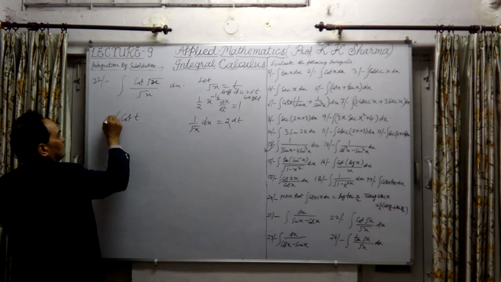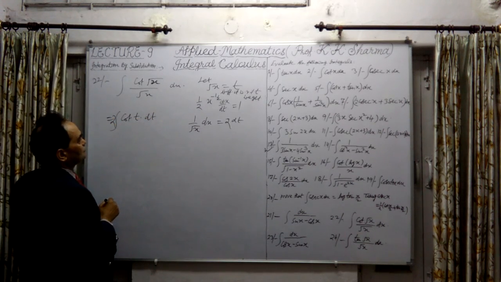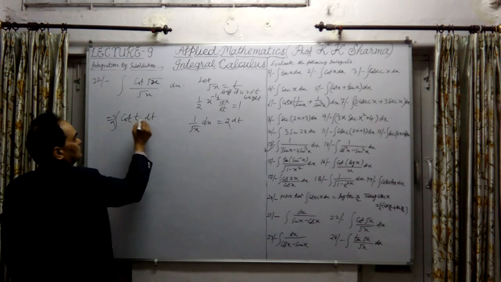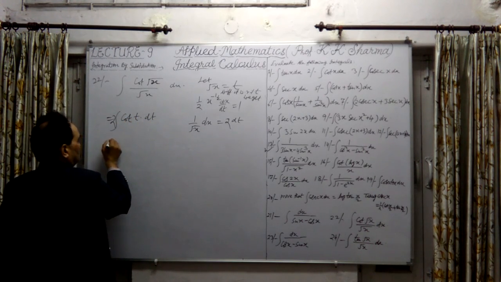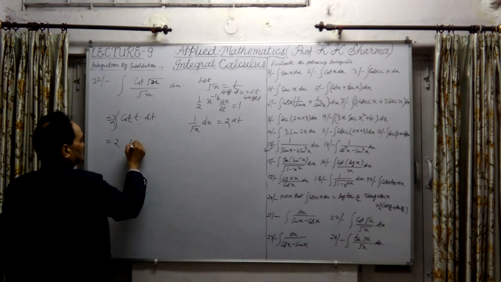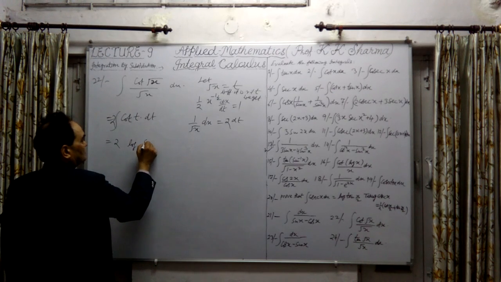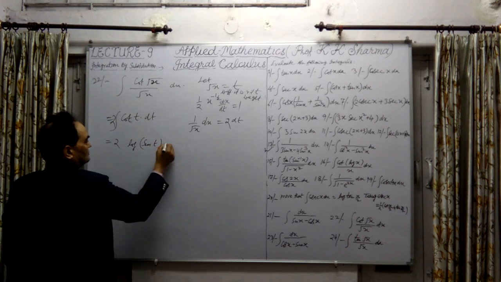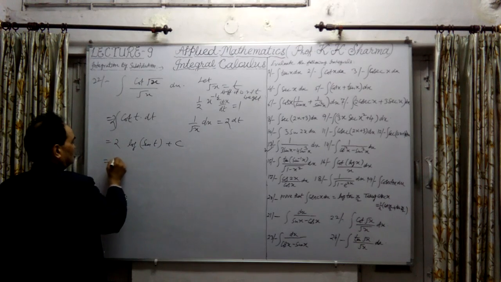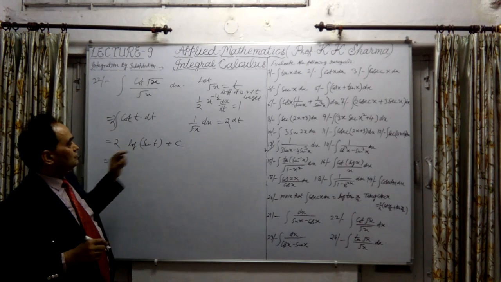The 2 can be written outside the integration sign, and this is cot t dt. We know that the integration of cot t is log of sin t, plus the constant of integration. Now substituting the value of t, what is t here? Under root x.